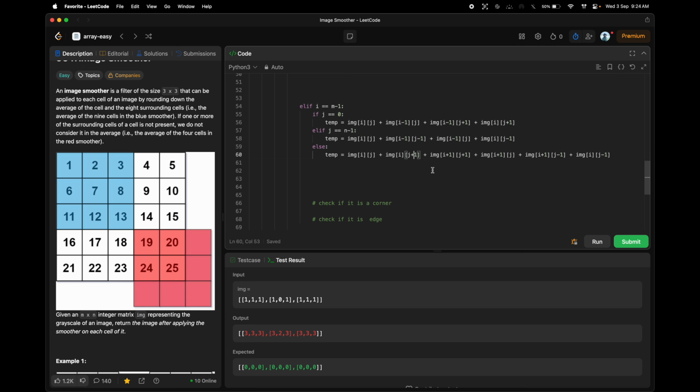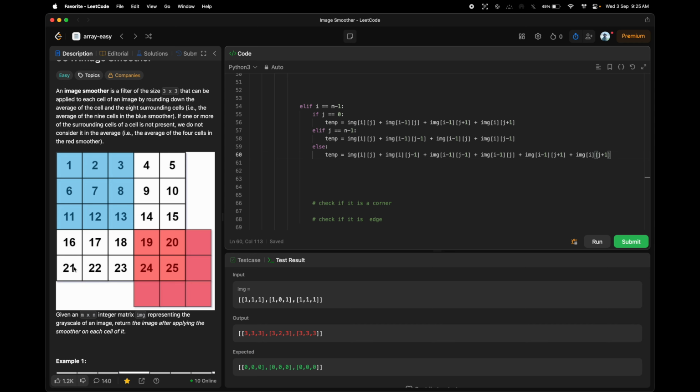I remains the same, j minus 1, I minus 1, j minus 1, and then I minus 1, then I minus 1, j plus 1, minus 1, j plus 1, I, j plus 1.